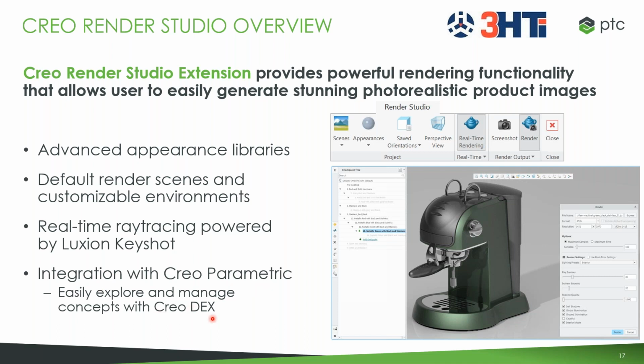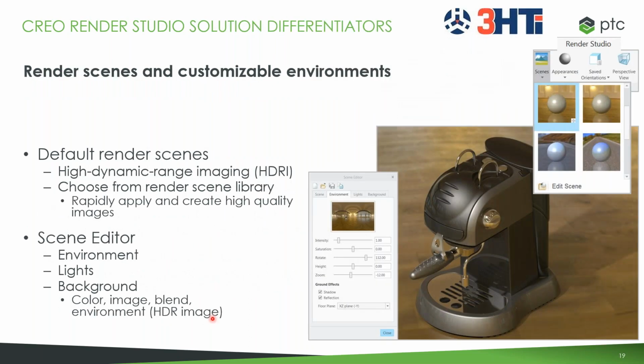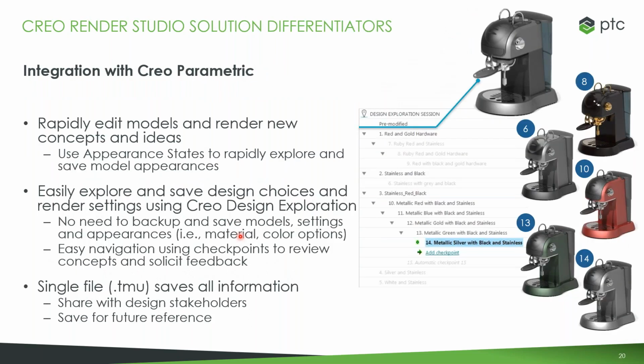So we were talking about design exploration. Well, I'll jump ahead here and then jump back, but we can use Creo Render Studio in combination with other Creo Parametric features such as design exploration.